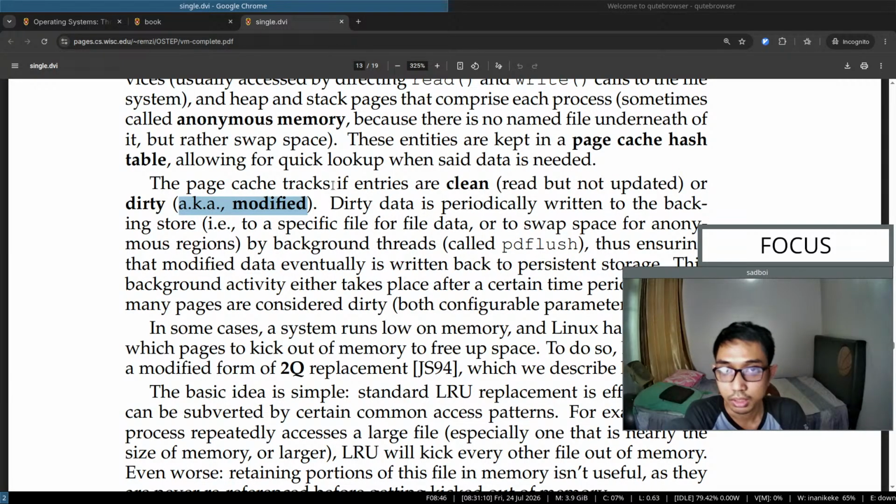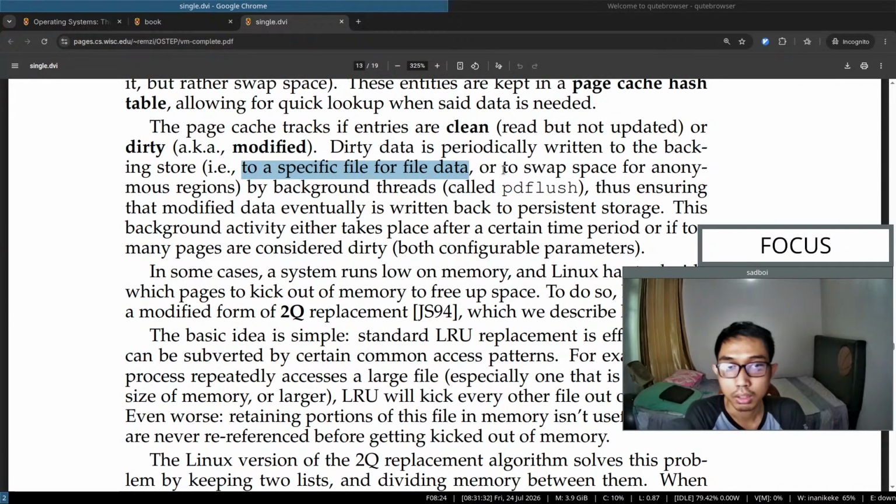Dirty data is periodically written to the backing store, that is to a specific file for file data, or to swap space for anonymous regions.